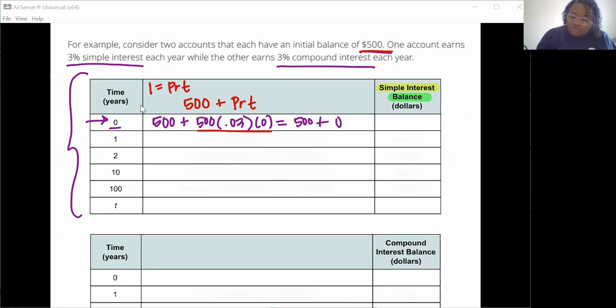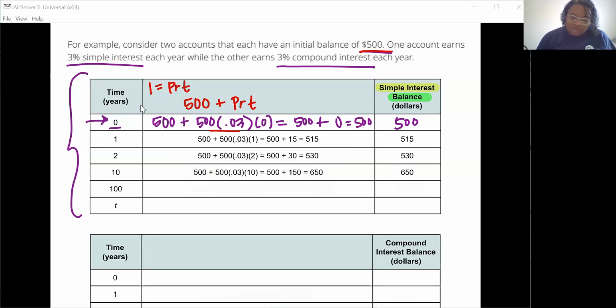So that is going to give me 500. And that makes sense because that's the initial amount. We're going to do that exact same arithmetic for every single row after that. So we're going to take that and substitute in a 1, and we get 515. When we substitute in 2, there's our mathematics there. We get 530. And then we'll do the same thing for 10 and 100.